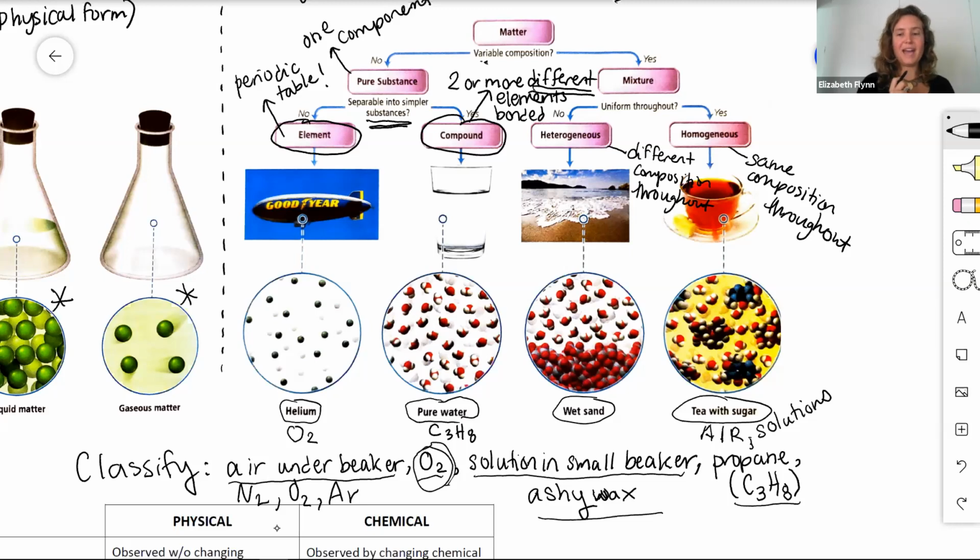Yeah, that's a good example of a heterogeneous mixture where you see it mixed in there, but it's not going to be the same all throughout. We could take a little sample of one section of that ashy wax and it would be a different composition than if you took a sample from another place in that candle. That's a good example of a heterogeneous mixture. Ashy wax.